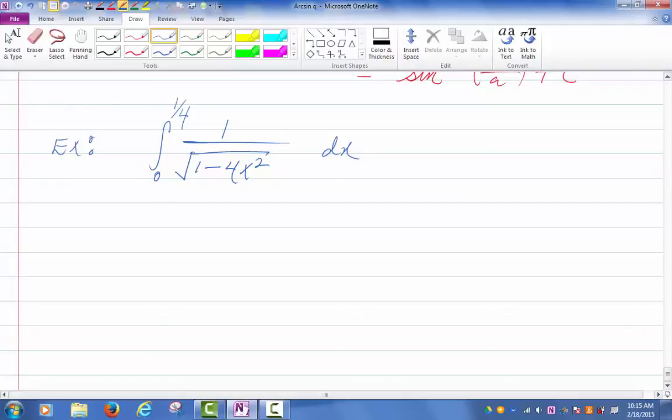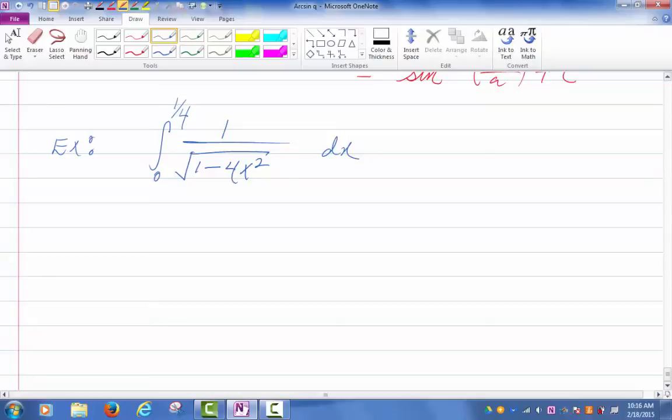So it looks very close to the derivative of sine inverse. So what should I do to make it look like the derivative of sine inverse? Well, the problem is that factor 4 in front of x squared, right? And the question is, can we make it look like 1 minus u squared? So if my goal is to rewrite that as root of 1 minus u squared, what substitution would you do? Say it louder. 4x to be u?